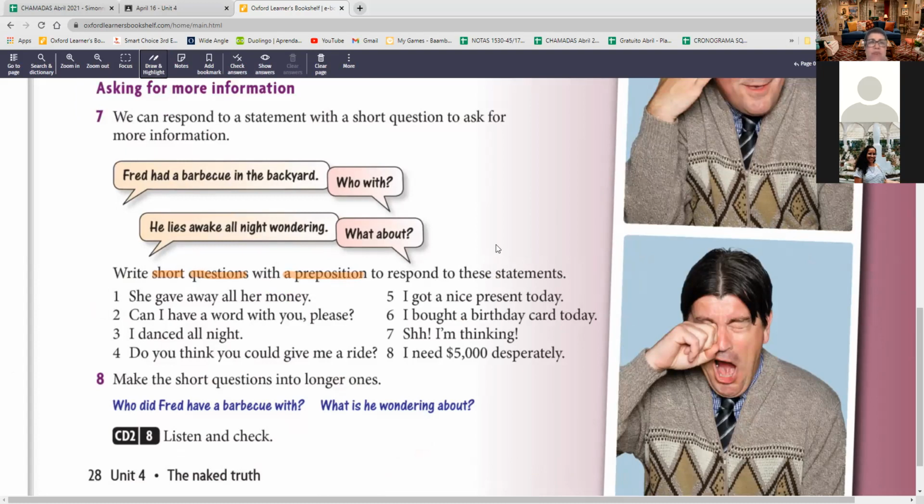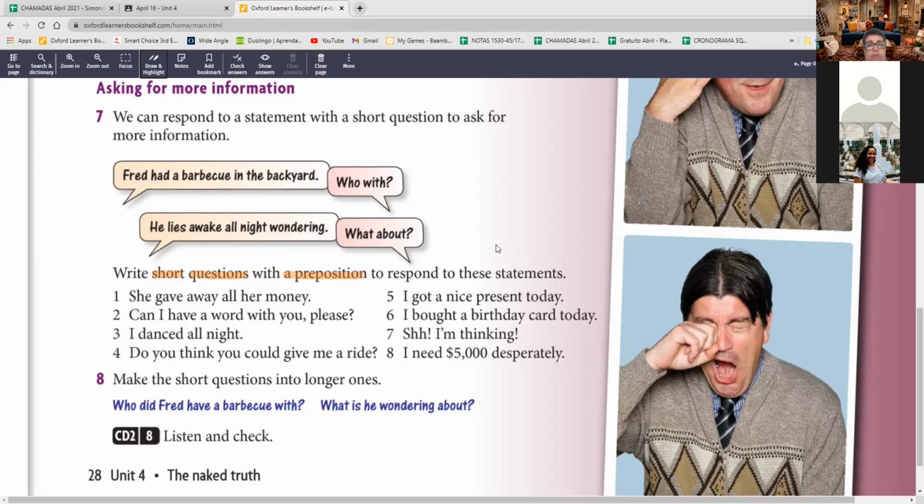Okay, everybody knows that she's a philanthropist. She likes helping a lot of people, right? And she's always donating money to institutions and things like that. But suppose we read a newspaper headline or watch on a site somewhere that Oprah Winfrey gave away all her money.